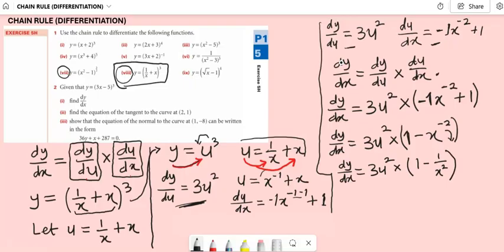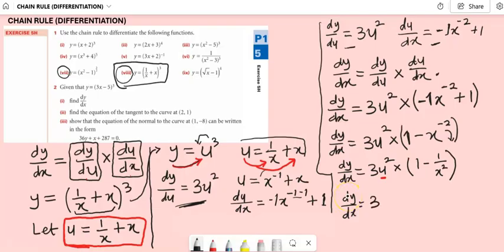I will not stop here. Look at this u that is here. I have to return the original value of u back. If you go back to our equation, we let u be equal to 1 over x plus x. So that means that my final answer will be dy dx is equal to 3.